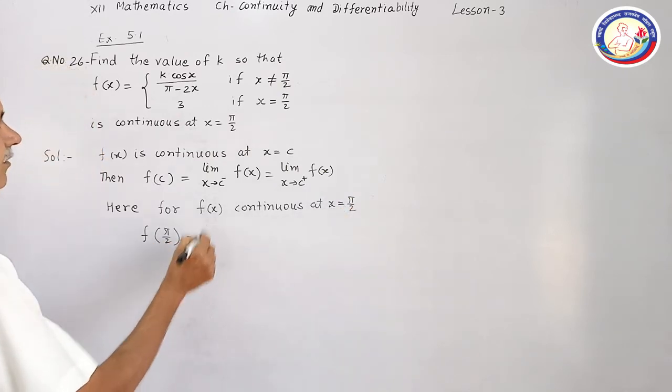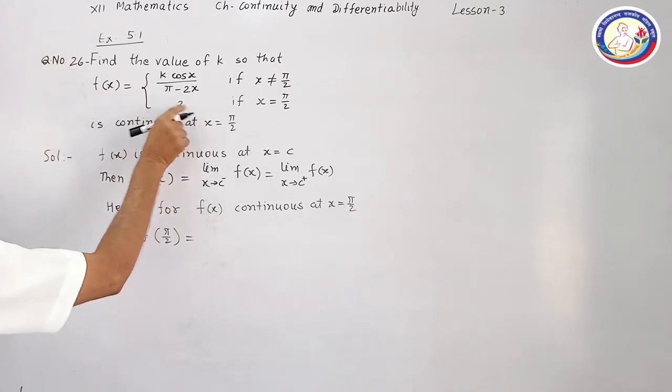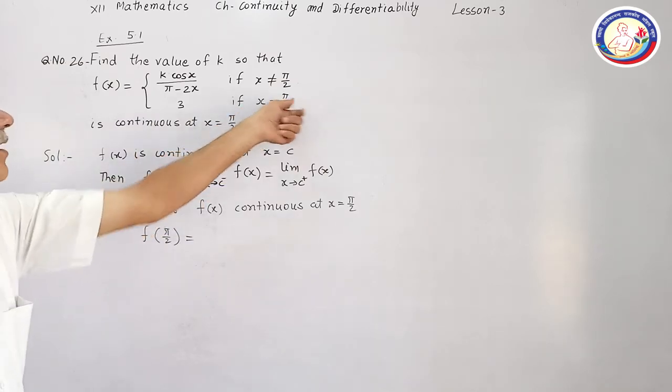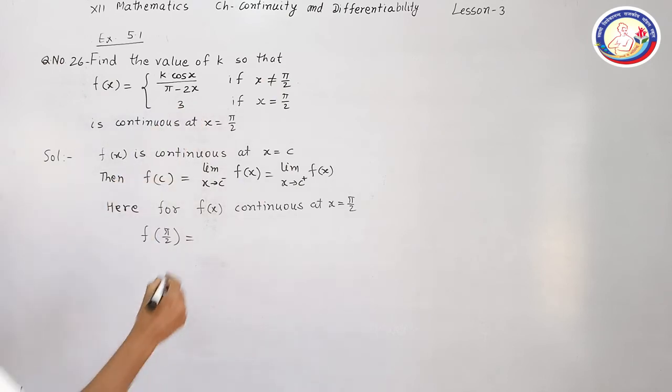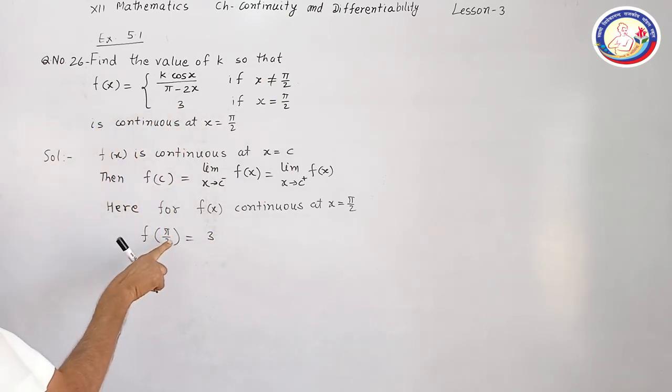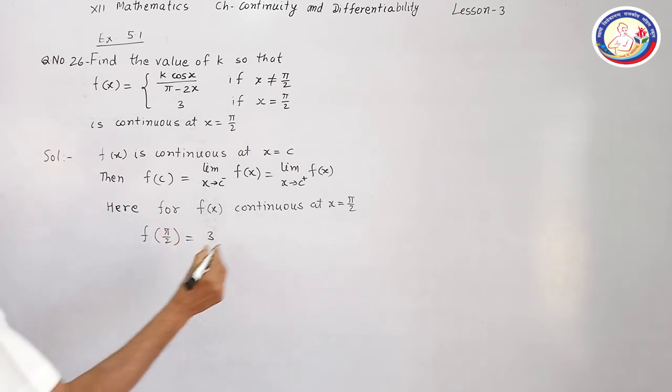So this will be given by this. The function here is for x equal to pi by 2, its value is 3. So it is obvious that the value of the function at pi by 2 will be 3.